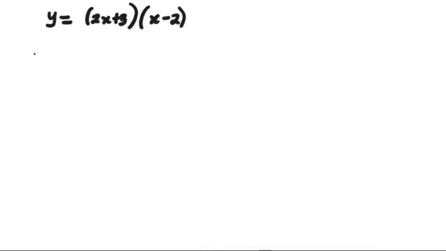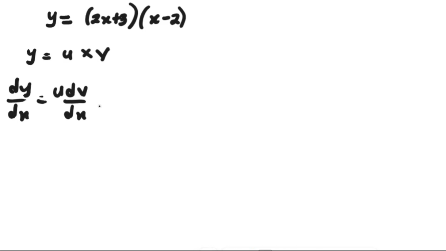Now, we have derived that if our y is equivalent to u times v, from the first principle, our dy dx is going to give us our u dv dx plus v du dx from product rule. So basically what it means is that if we use the same concept, we are going to relate these two.